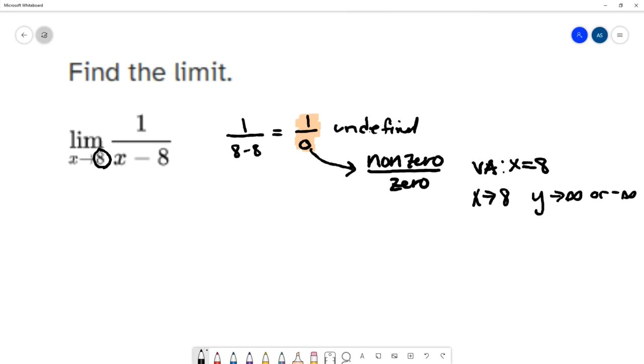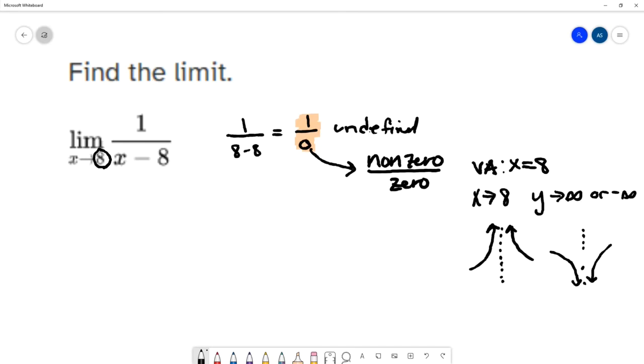So we know 3 possibilities for this limit now, because at vertical asymptotes, you can have a vertical asymptote where both sides are approaching infinity. And if both sides are approaching infinity, we would answer the limit as infinity. We could have a vertical asymptote where both sides are approaching negative infinity, and we would answer this limit as negative infinity.